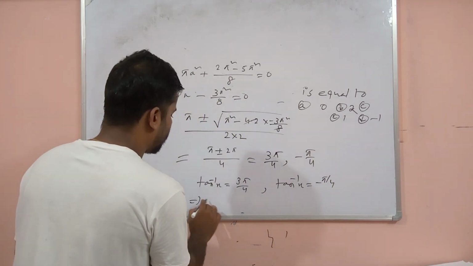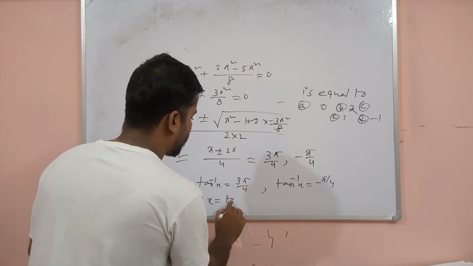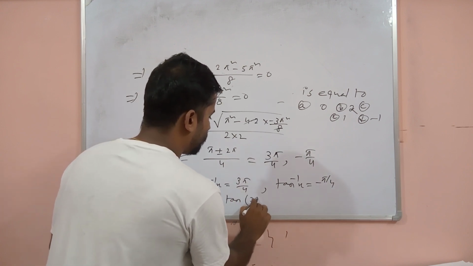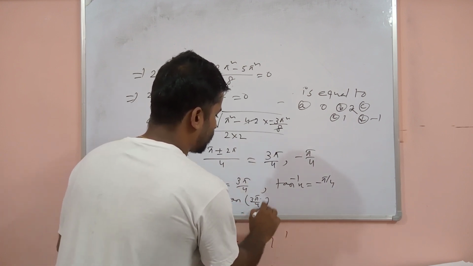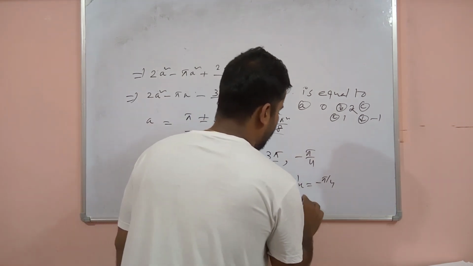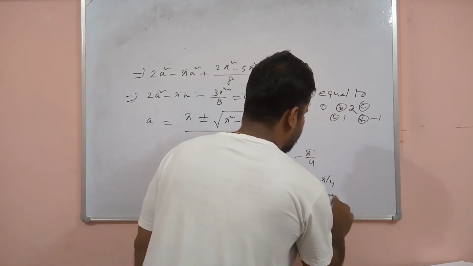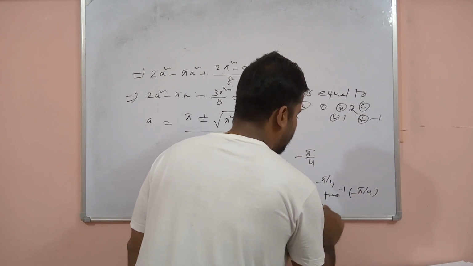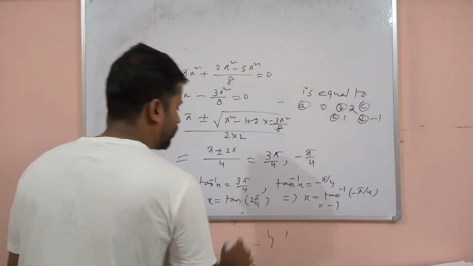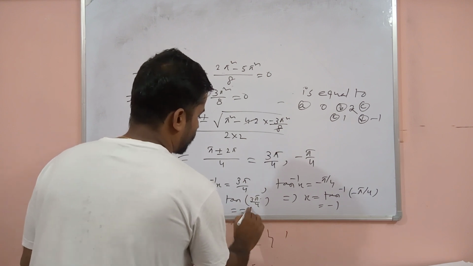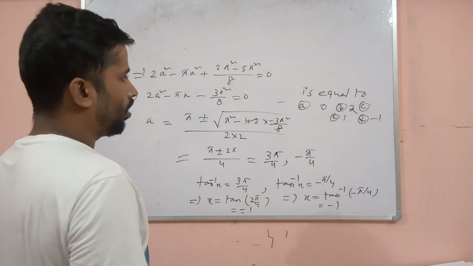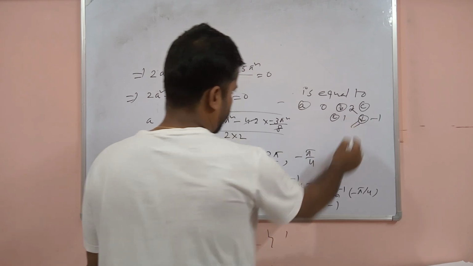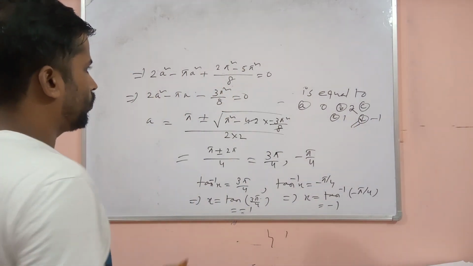So finally x is equal to tan of minus pi by 4, which is equal to minus 1. Likewise this also gives minus 1. So the appropriate option would be option D. So question number 2 is finished.